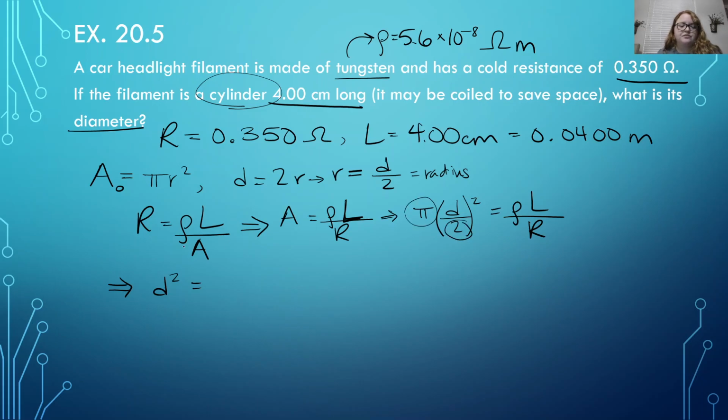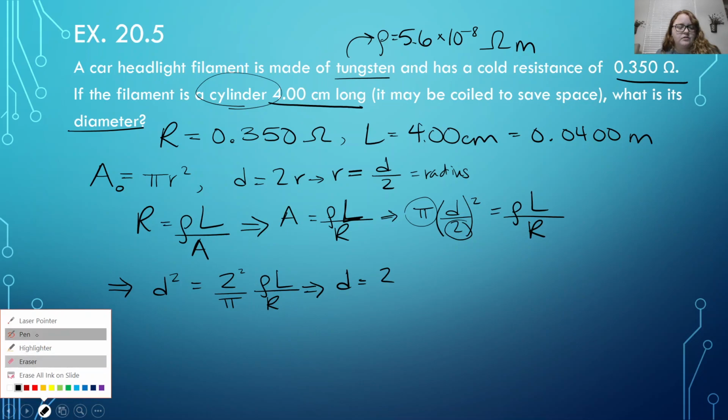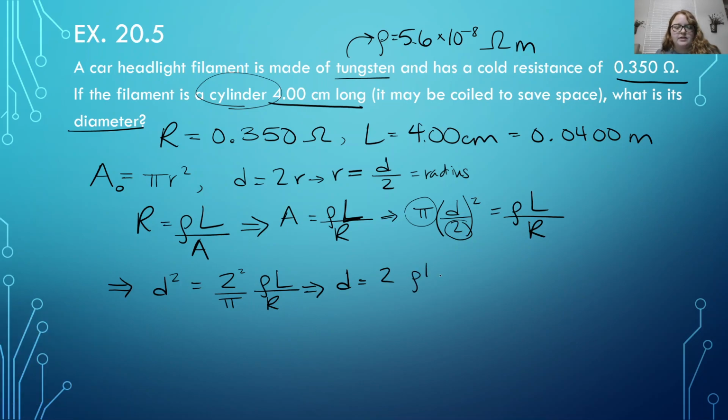So I have 2 squared over pi times rho L over R, our resistance. Then we'll square root both sides, so we get D is equal to 2 times the square root of rho L over pi R, resistance.